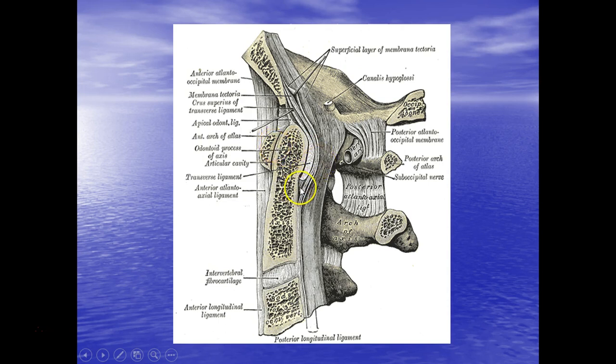And it's got vertical divisions as well here. You can see it extending down to the posterior surface of the C2 vertebral body in here, and the superior division extending up to the basilar part of the occiput underneath the tectorial membrane.